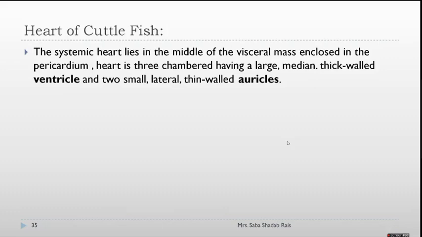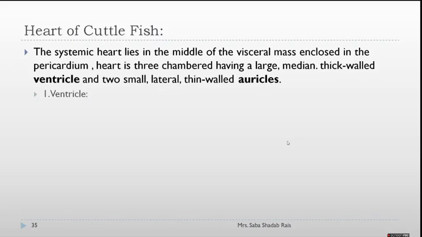Why? Because it is the main pumping part of the heart. So it is always thick walled, because with the thickness, more and more pressure can be generated. Then above the ventricle are the auricles. They are thin walled and they are present laterally.